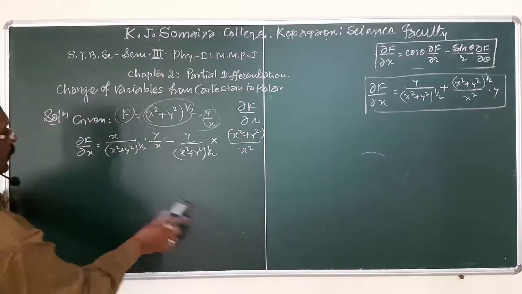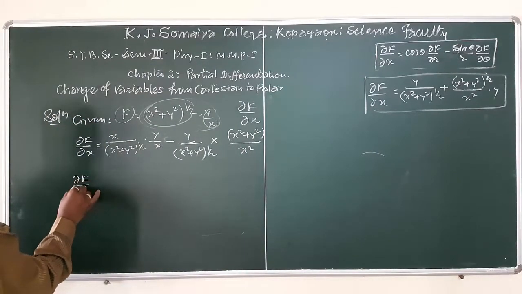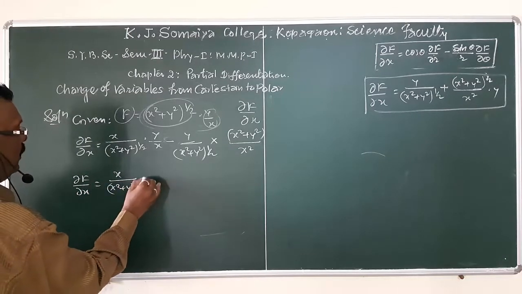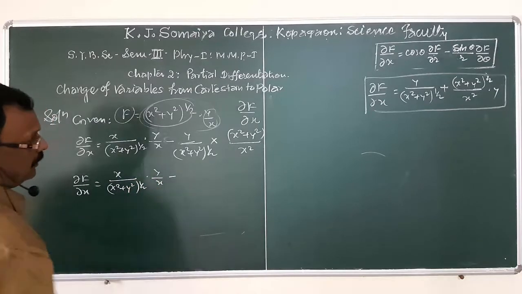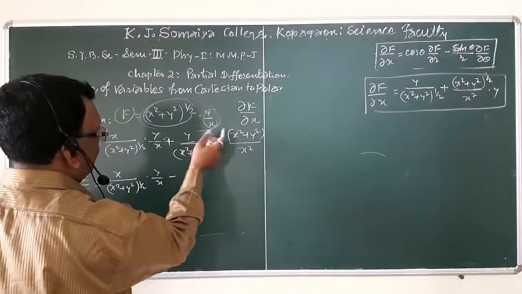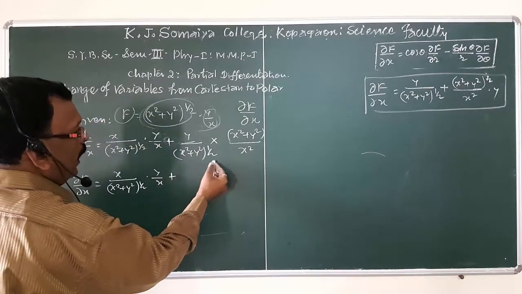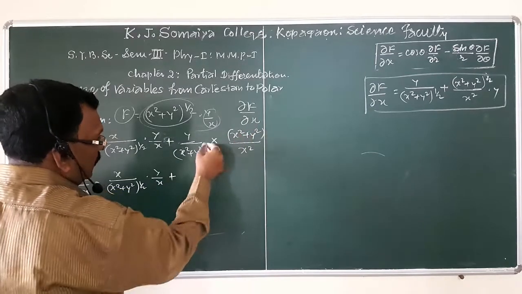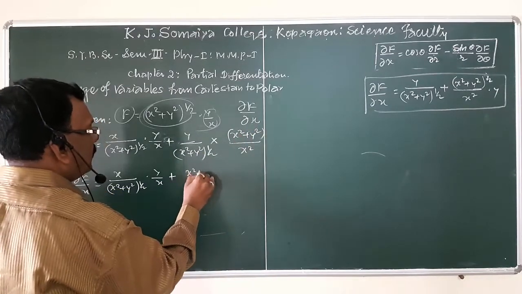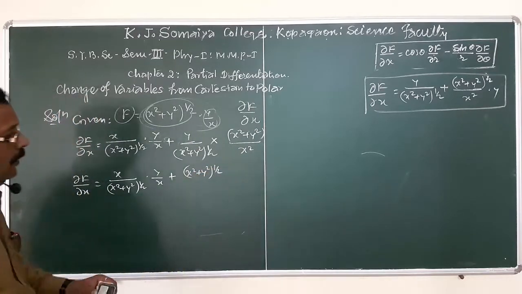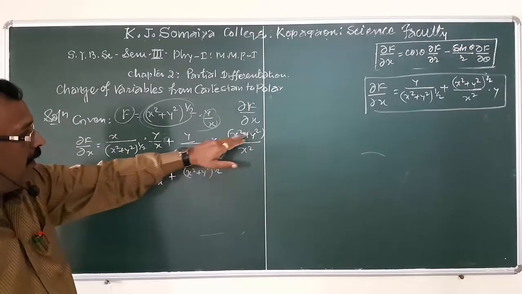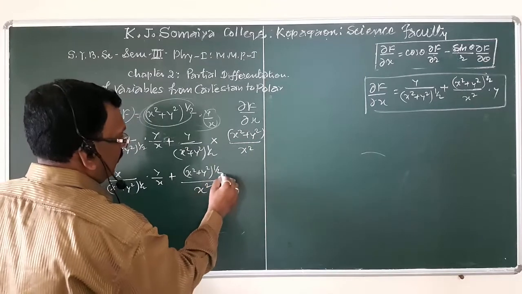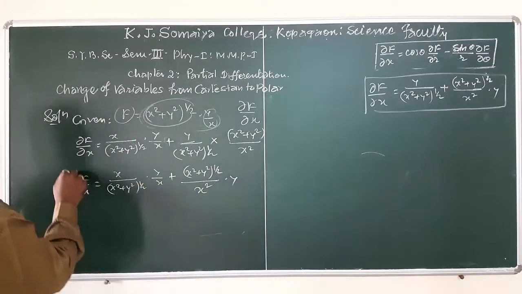Now again simplify: del f by del x is equal to x upon (x square plus y square) bracket to the power 1/2 into y by x, minus, minus plus will be plus there, plus again, this is half term, this is full term. From these two we have (x square plus y square) bracket to the power 1/2, because from the full term the half term gets cancelled, only the remaining half term, again divided by x square as it is, and this one is y as it is.